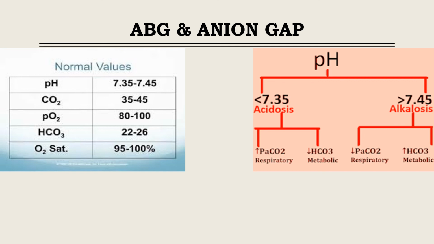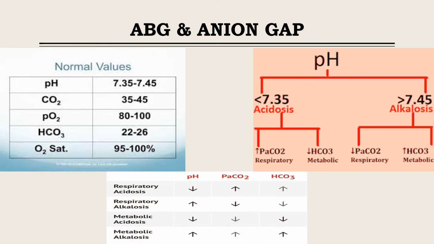So there is an inverse proportion between the pH and PCO2. But there is a direct proportion between the pH and bicarb. When the bicarb increases, the pH will increase. When the bicarb decreases, the pH will decrease.